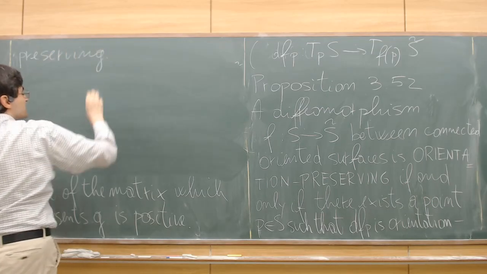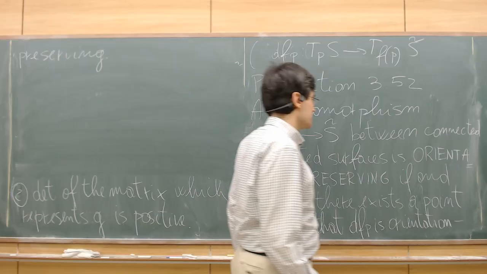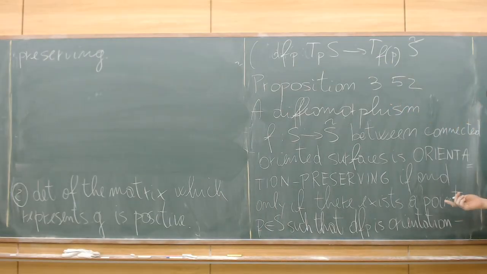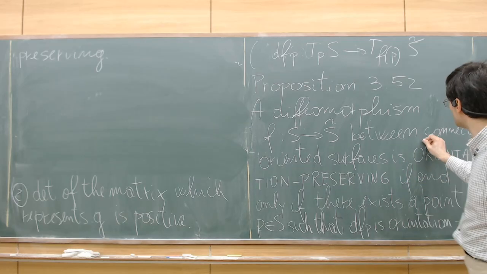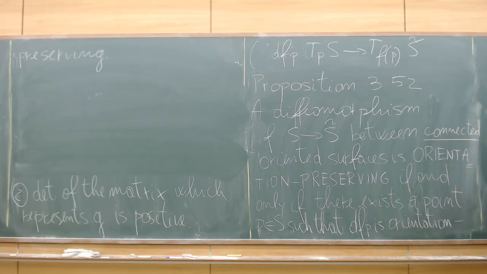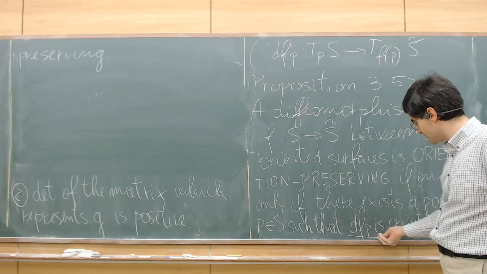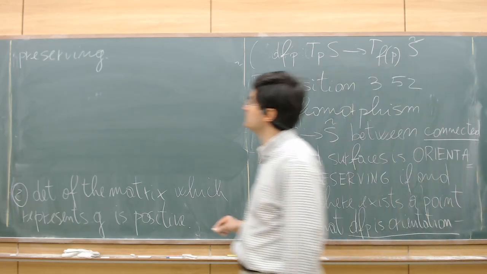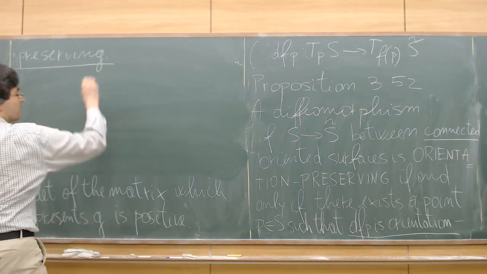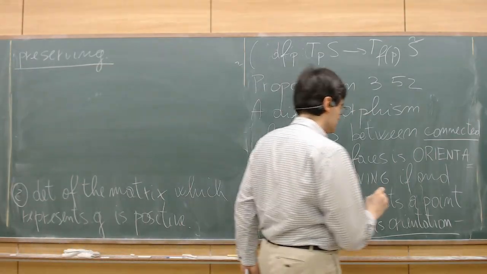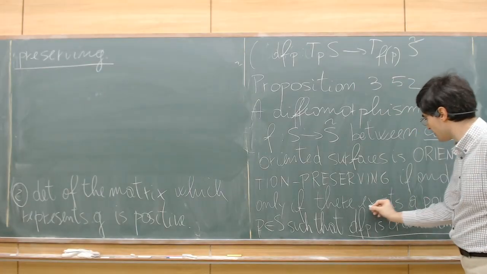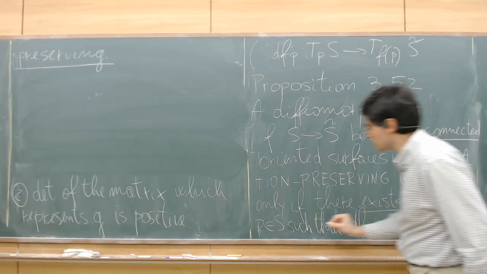So why is this result a simplification? Because it says that if the surfaces are connected, then we have to check only that dF_P is orientation preserving at one point. Just one point.